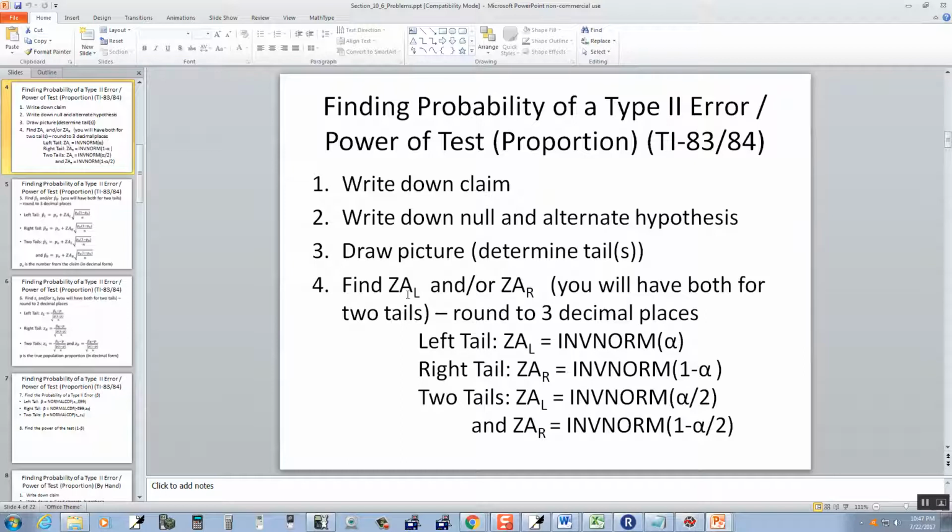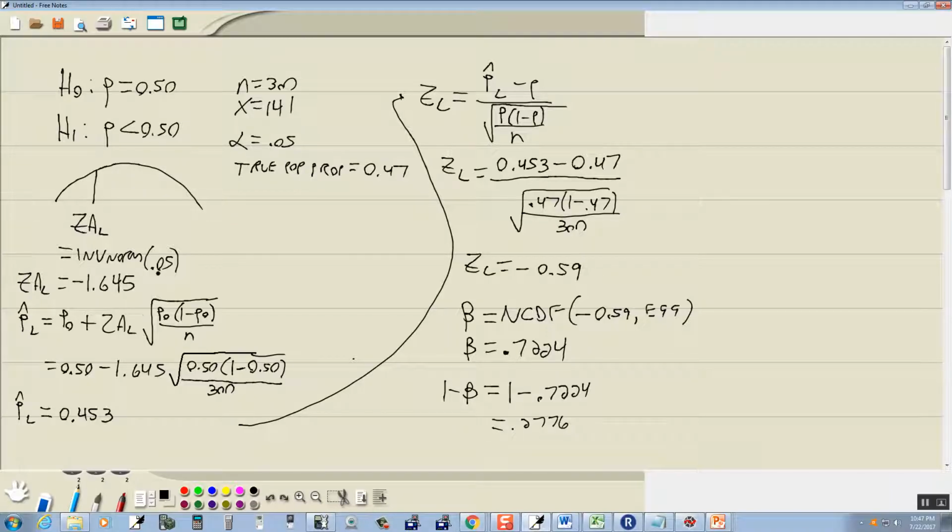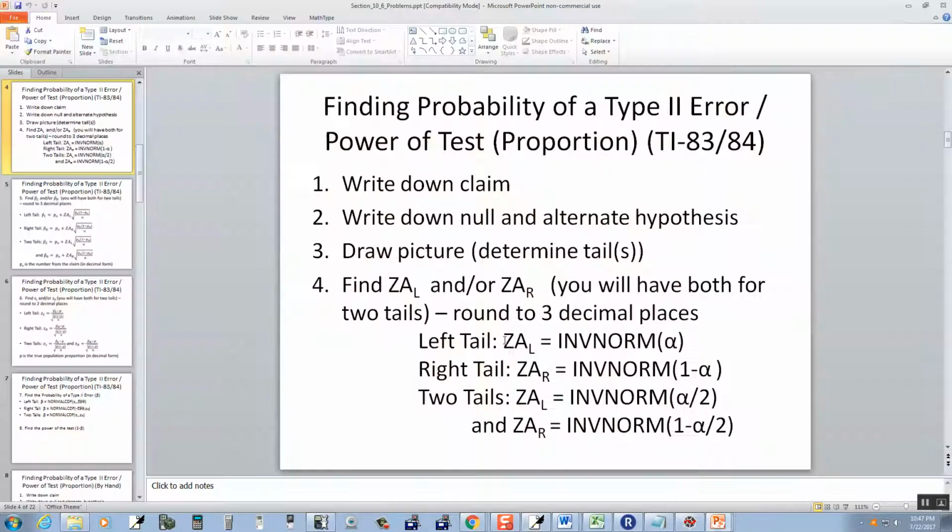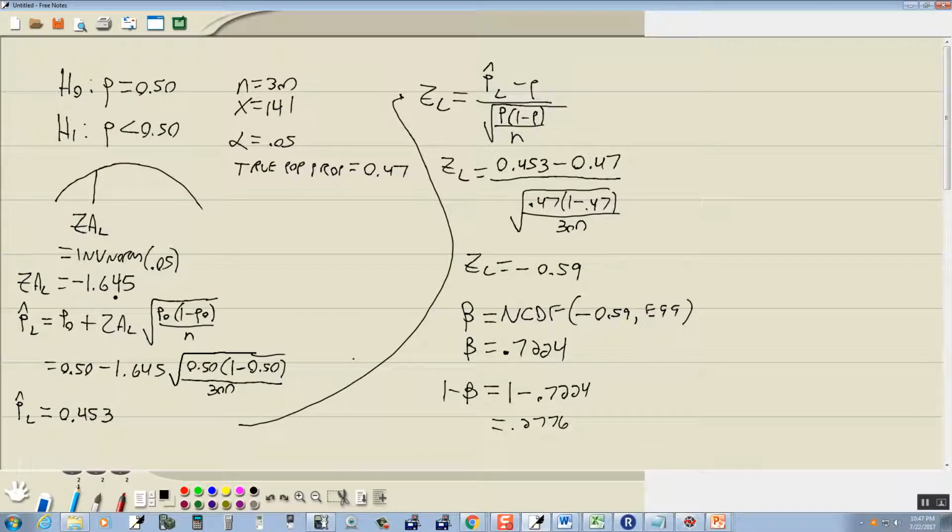Draw a picture, Z alpha sub L. Okay, left tail, inverse norm alpha, inverse norm of 0.05. Round to 3 decimal places: negative 1.645. P hat sub L is P naught, the number from our claim, which is 0.5 minus 1.645 times the square root of 0.5 times 1 minus 0.5, divided by 300.